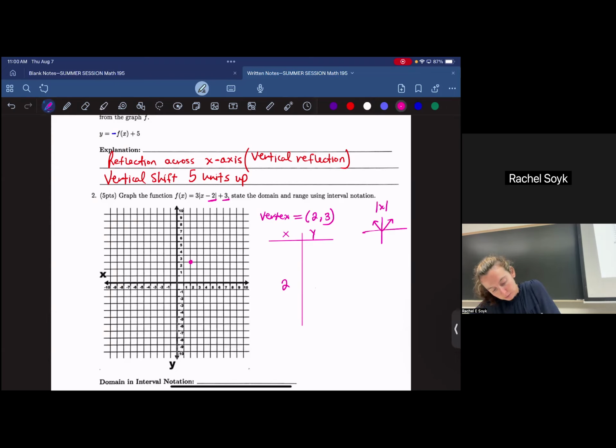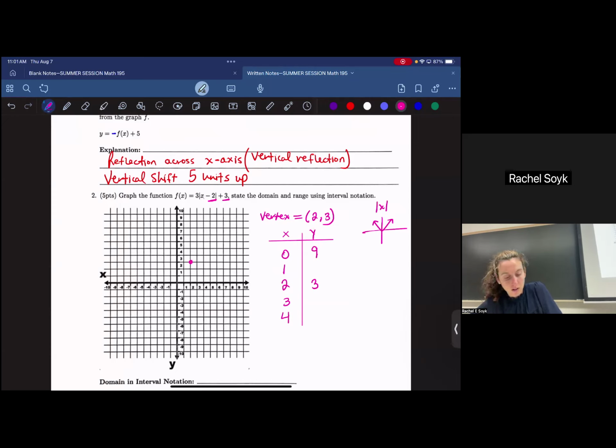So let's choose 1, 0, and then let's choose 3 and 4. And then let's plug in. So if we plug in 0, 0 minus 2, negative 2, absolute value, positive 2, times 3 is positive 6, plus 3 is 9.